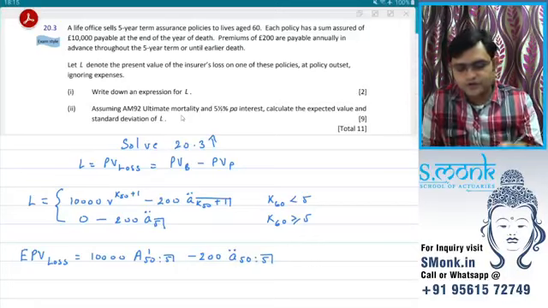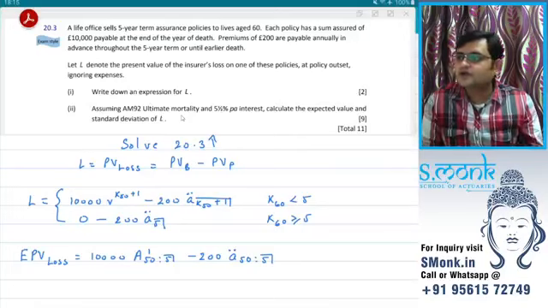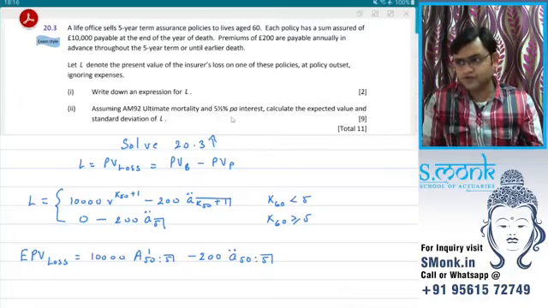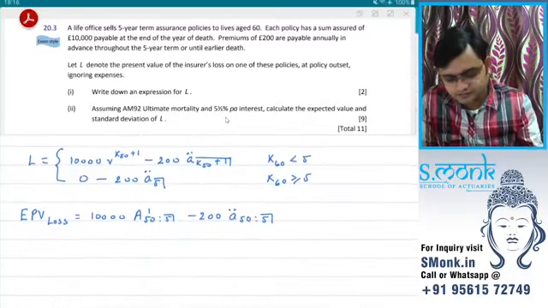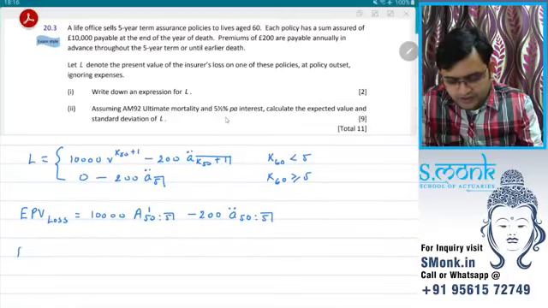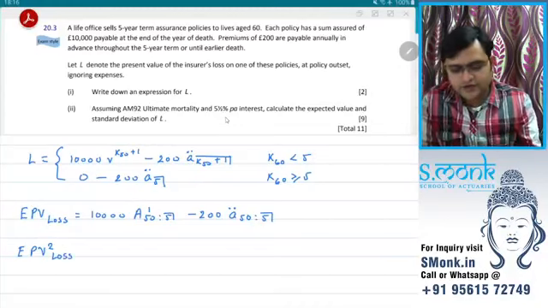Of course, the table is given for 4% and 6%, but the interest here is 5.5%, so we'll have to solve them separately. I'll also make the expected present value of loss squared, because we'll have to find the standard deviation.